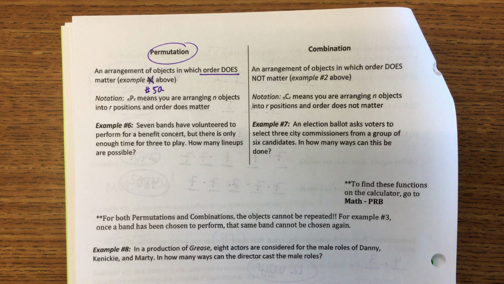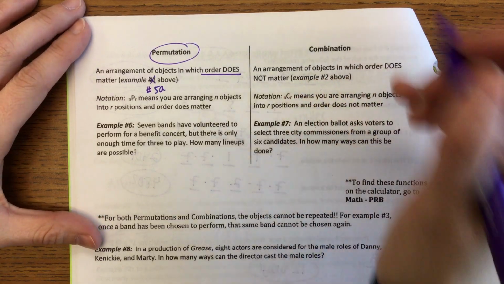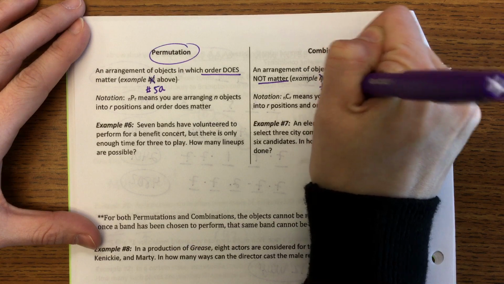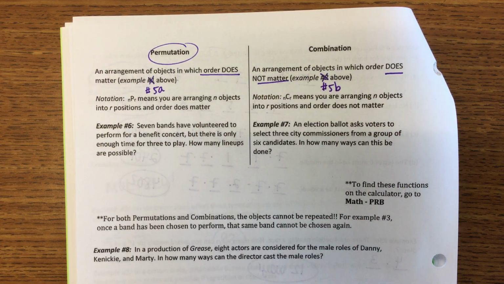So it matters if you come in first versus second place, because you're going to get a different medal. A combination is an arrangement of objects in which order does not matter. So this would be number 5B. So in 5B, if I come in first or second, I get the same medal regardless. Doesn't matter which place I actually come in. Does that make sense, the difference?